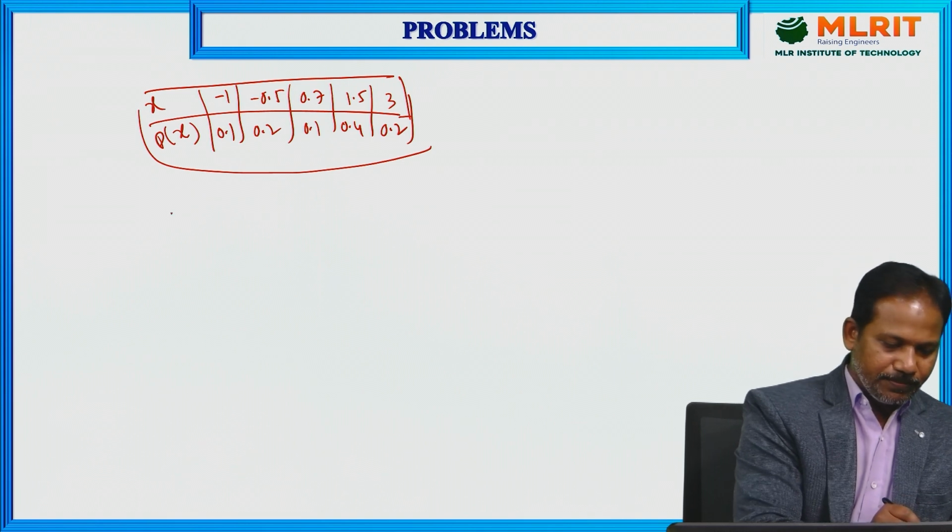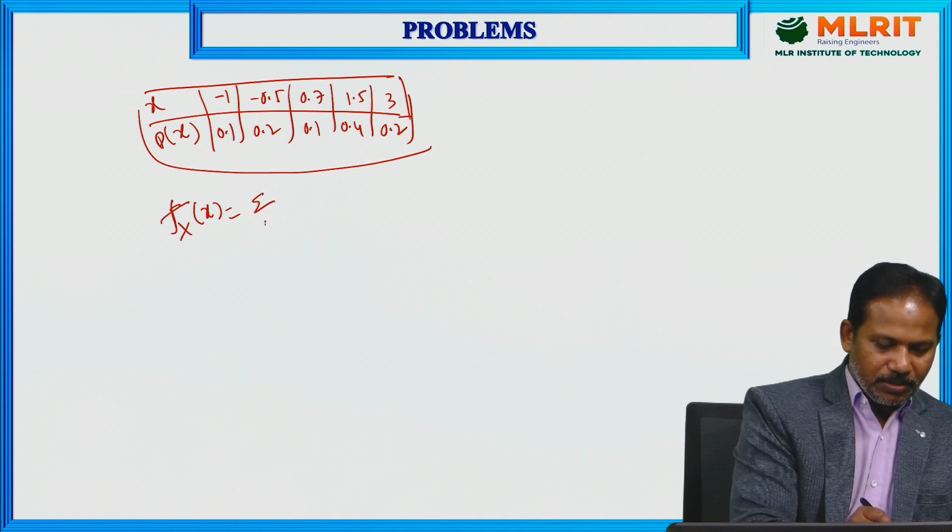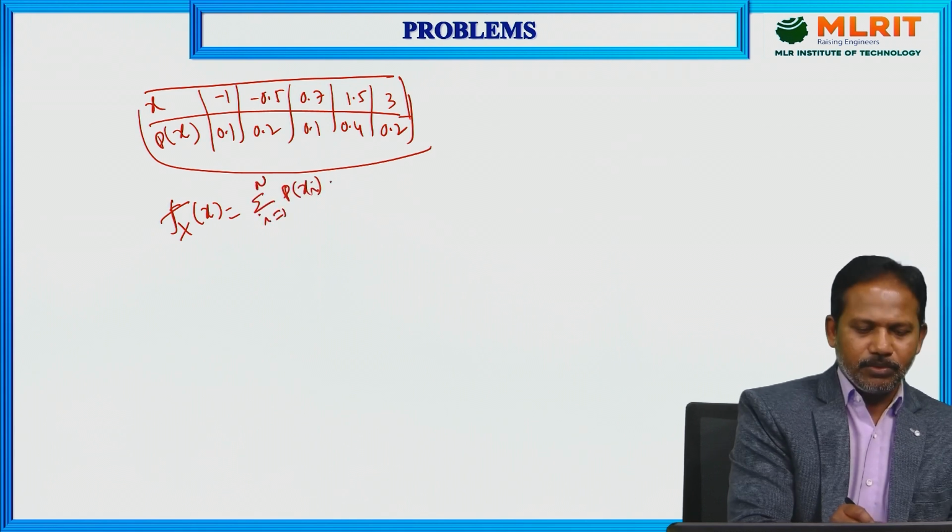That is, small fx of x is equal to the summation over i equal to 1 to n of p of xi into delta of x minus xi.